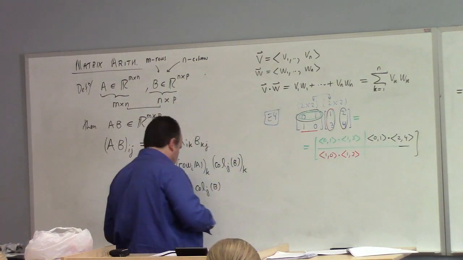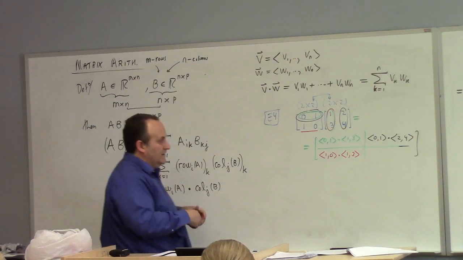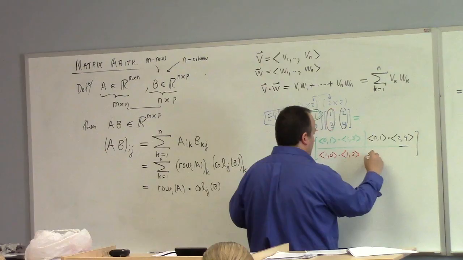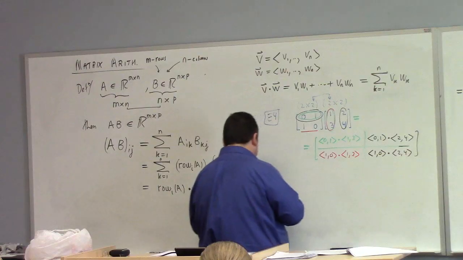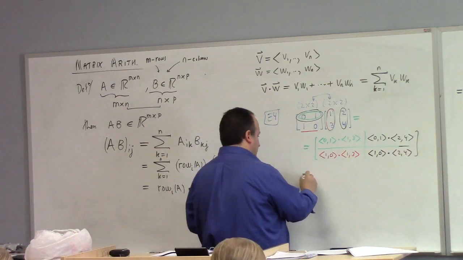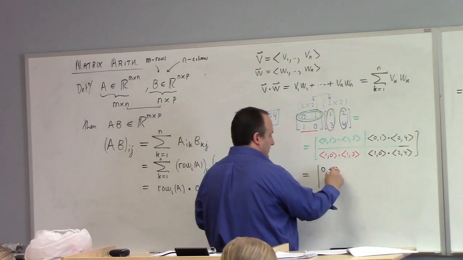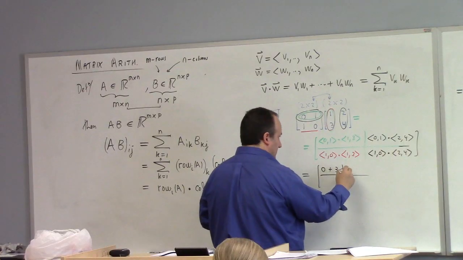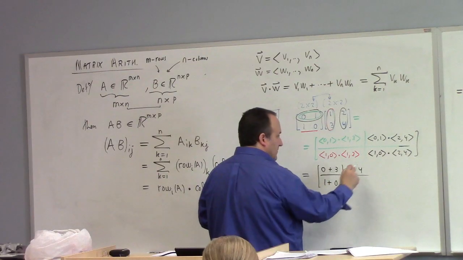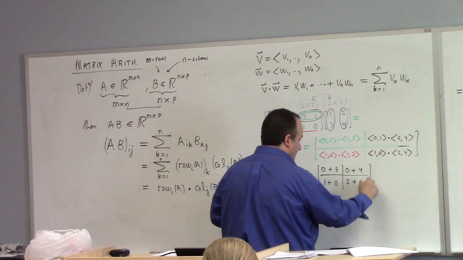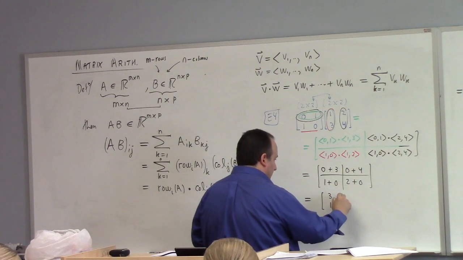And then finally, the second row with the second column, which gives me, again, 1, 0 dotted with 2, 4. Okay, so how does that work out? This is 0 plus 3, 0 plus 4, 1 plus 0, 2 plus 0, and what we get in total here is 3, 4, 1, 2.